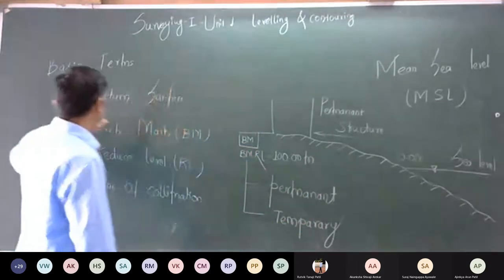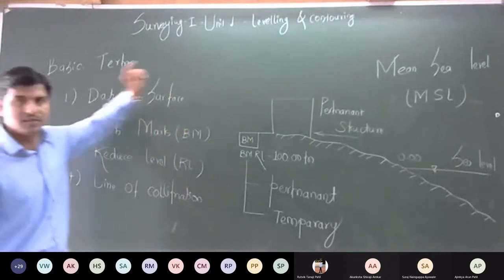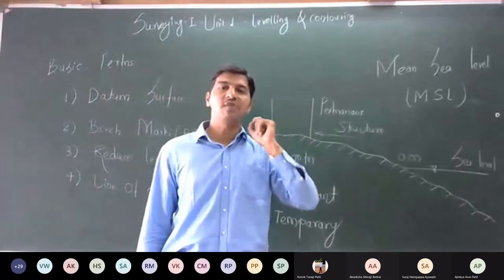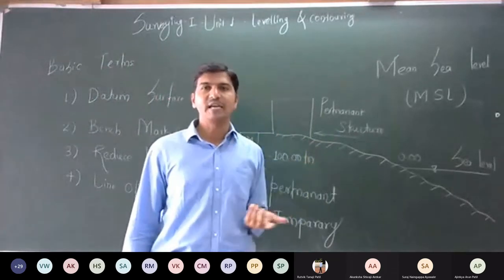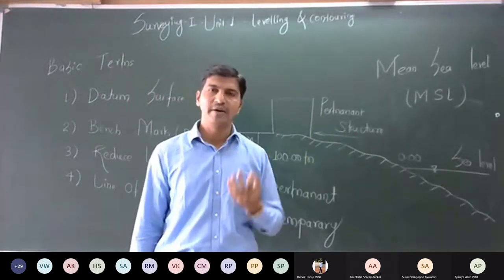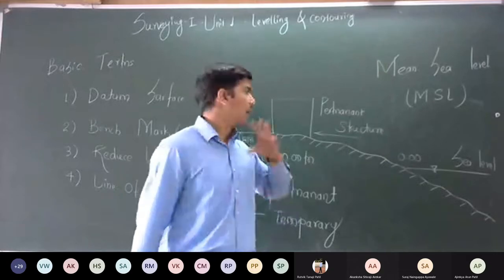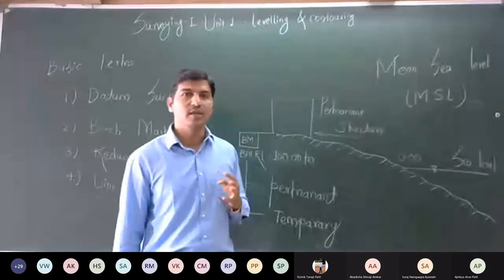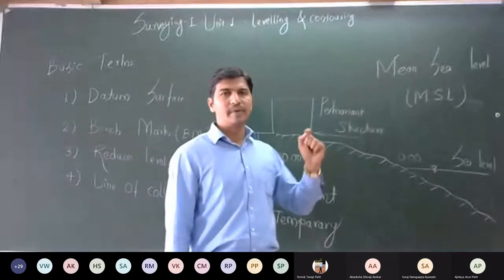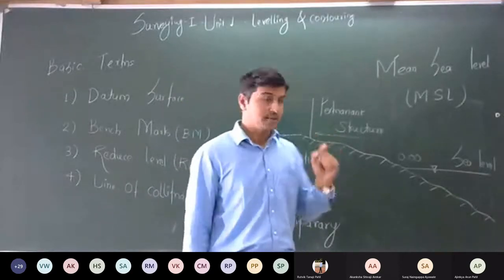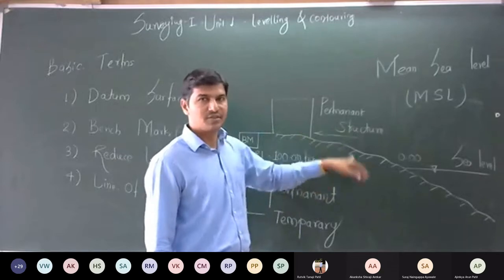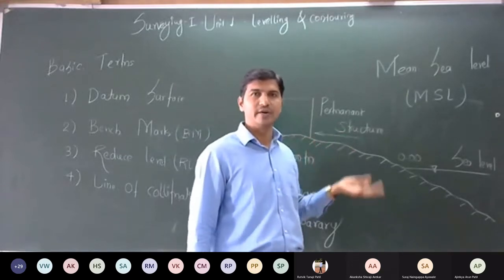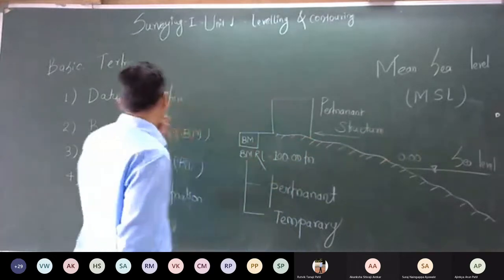So we have seen the datum surface is nothing but your mean sea level, which is located at Karachi. In 1945, the Survey Department of India completed the whole survey of the country, and they marked all the benchmarks on permanent structures like railway stations and government offices. We can take that point as a reference.